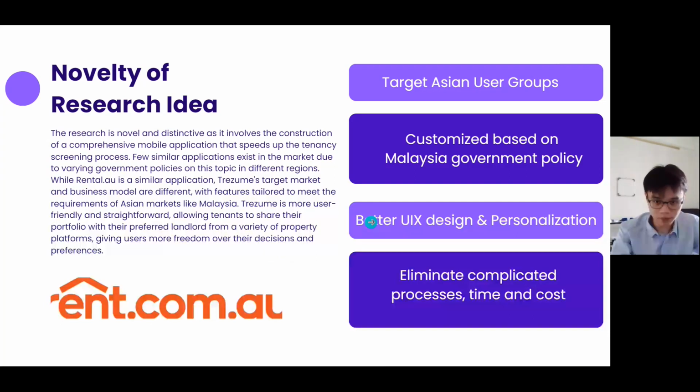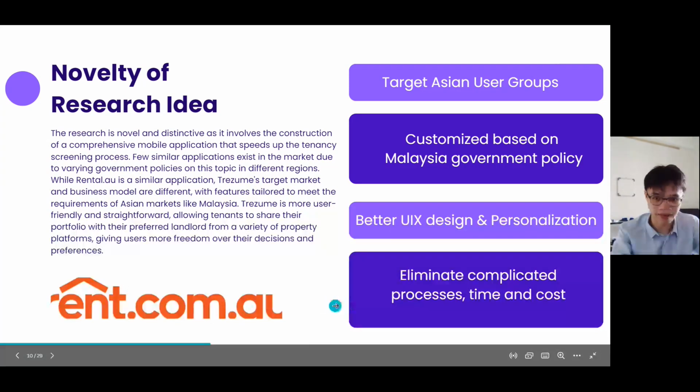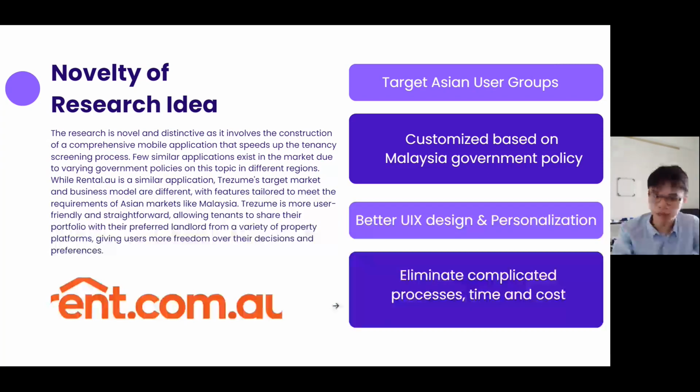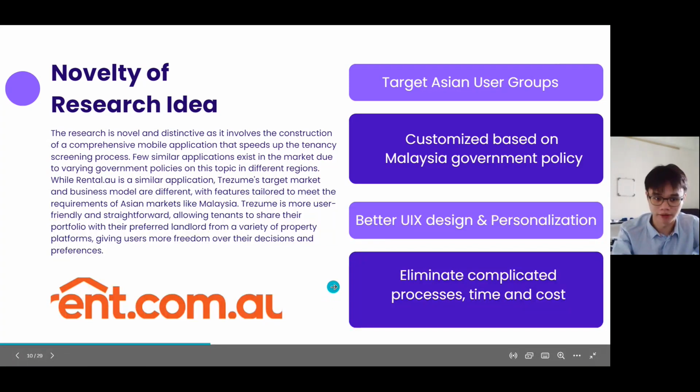Of course, we have better UX design and personalization on the information part, and we eliminate complicated processes, time and cost. Some countries strictly require that a process cannot be missed, but we know our new idea is much more efficient compared to those ways. Later on, I will emphasize more.